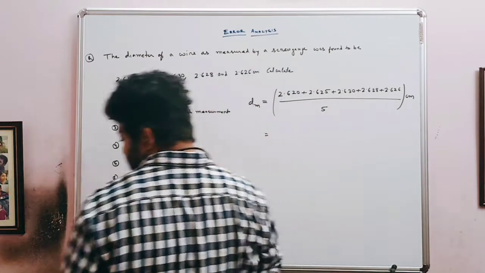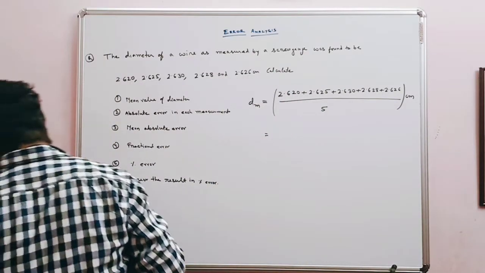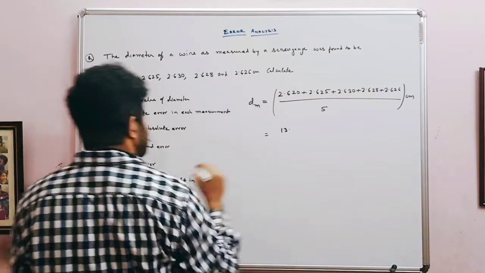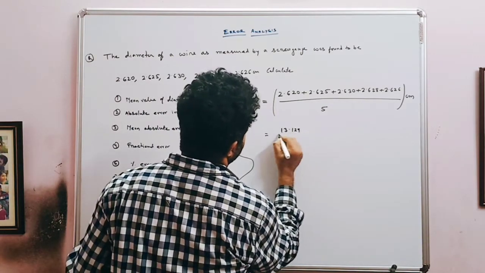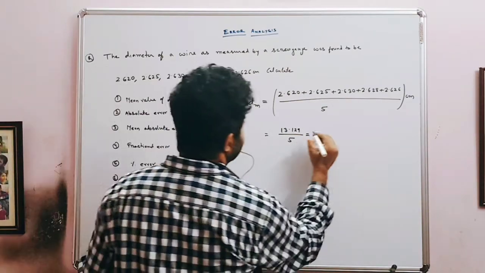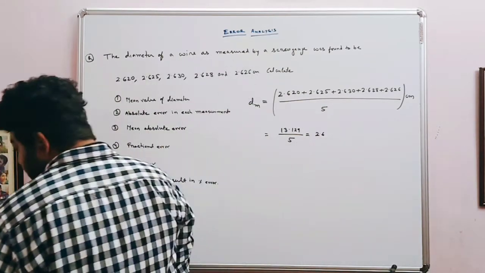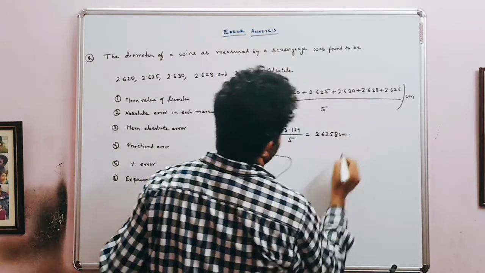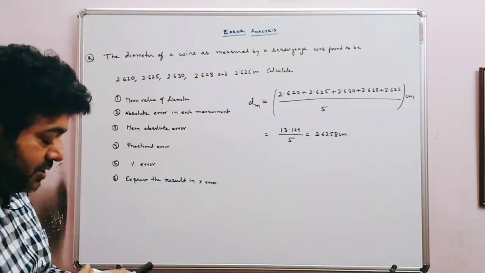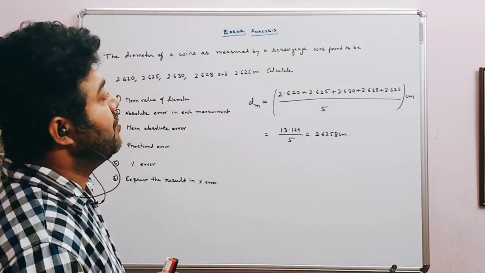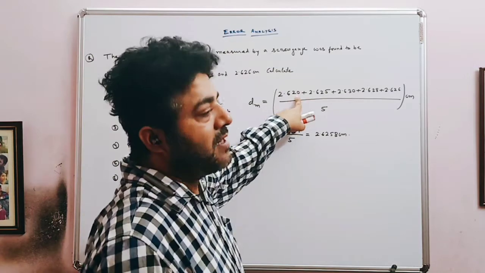After this, what we have is 13.129 divided by 5, which is equal to 2.6258 centimeter.